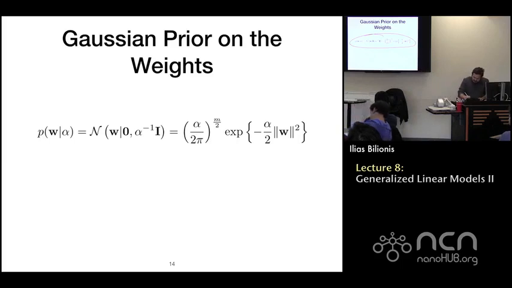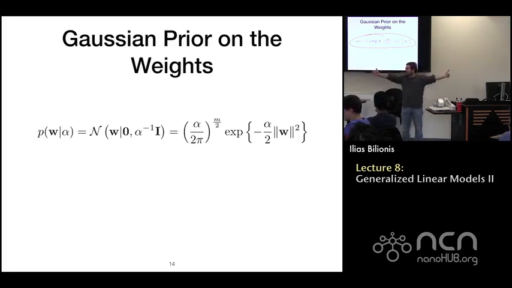That parameter alpha controls the precision of that Gaussian. It's the inverse of the variance. The bigger that alpha is, the more concentrated your prior is around zero. The smaller you make that alpha, the broader you're making it.